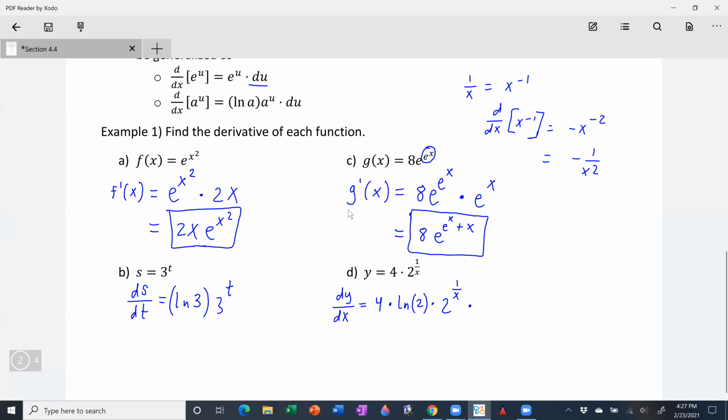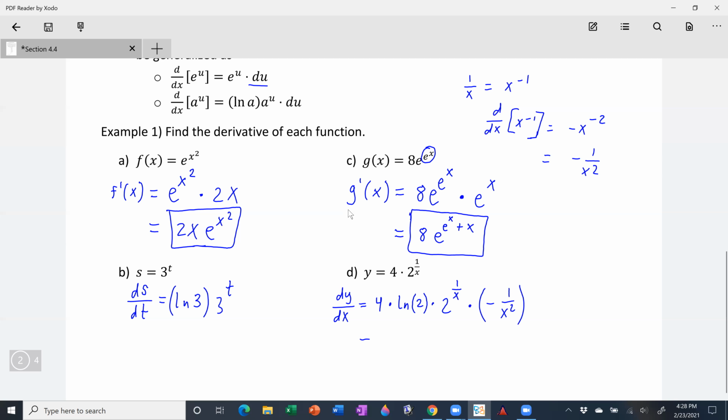So doesn't hurt to do some scratch work if you forget how to do derivatives of old stuff like that. Okay, so again, that's natural log of a times a to the u, and now we're doing times du. And so we're finding the derivative of that 1 over x thing. And so that came out negative 1 over x squared. Okay, a little bit more involved there.